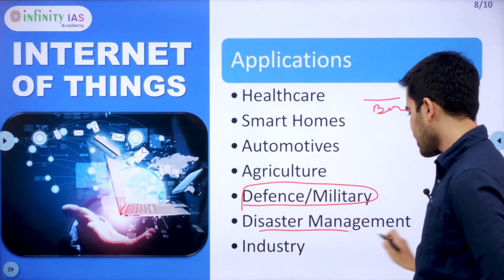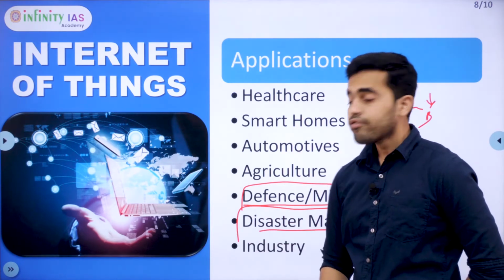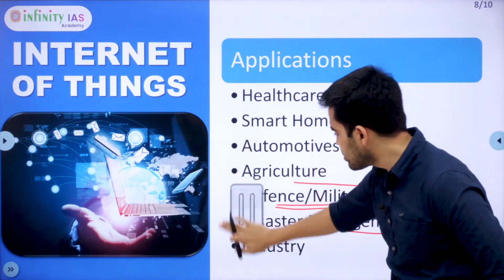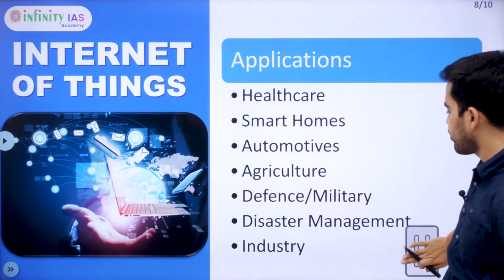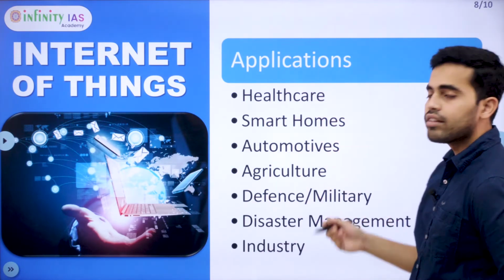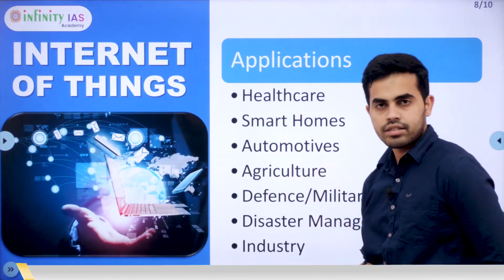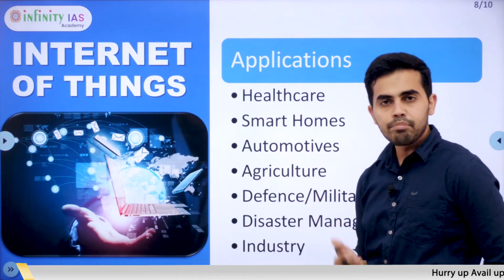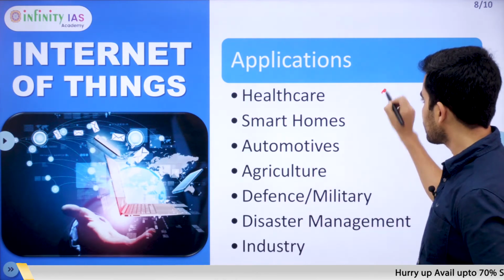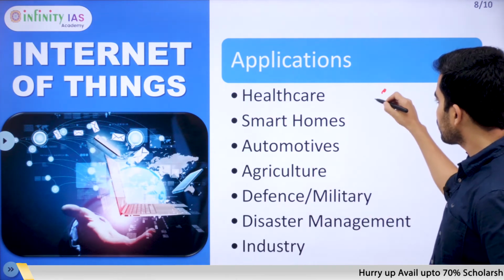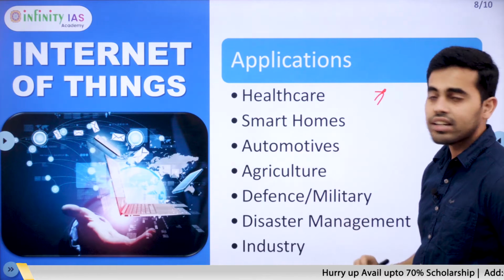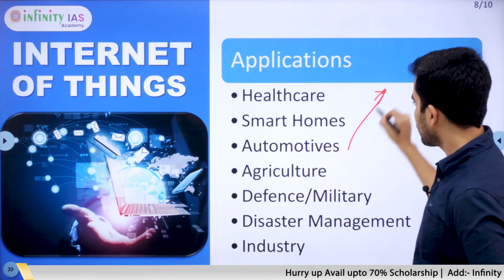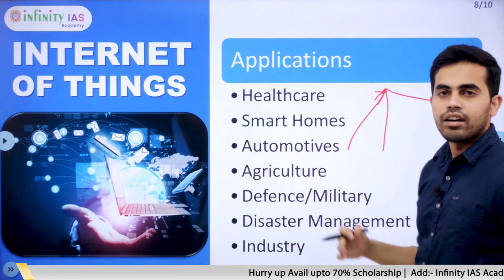Then comes disaster management. Here we can see the case of forest fires. For example, we can have sensors in forests that will detect smoke or rise in temperatures. When the sensors go off in case of forest fires, it will contact different departments.